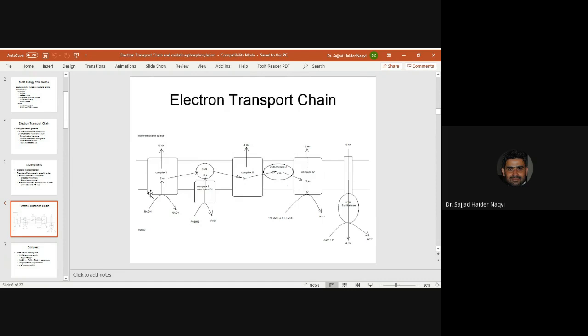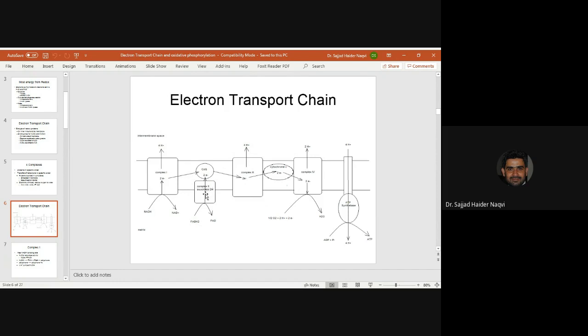So that means the energy of the electron is being used in pumping protons from there to the inner side. Similarly, this complex itself is gaining electrons, and NADH is losing electrons. That's what we call the redox reaction.